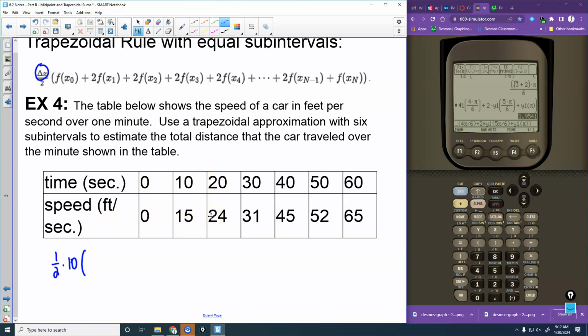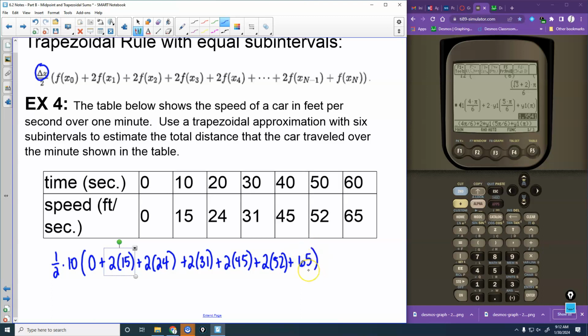Where do I find f of 0? It's just our y-coordinate that goes with this. So I would have this y-coordinate, 0, there one time. 15 would be there twice. 24 would be there twice. 31 would be there twice. 45 would be there twice. 52 would be there twice. 65 only once.